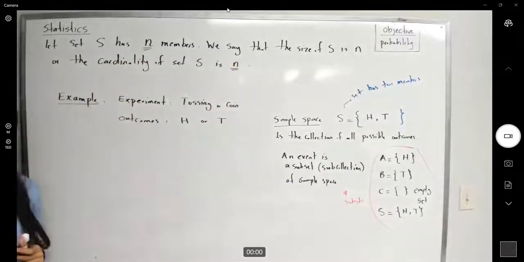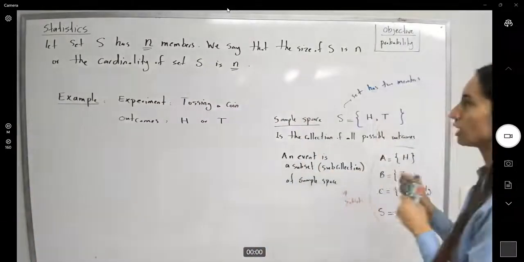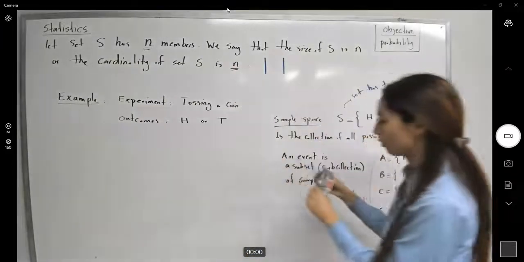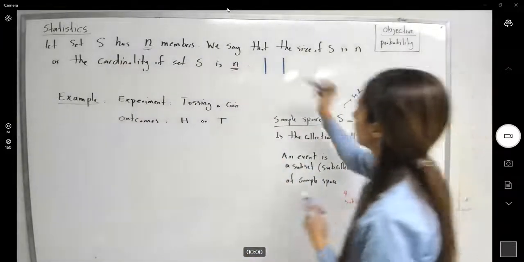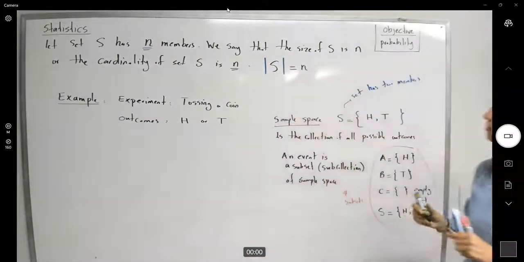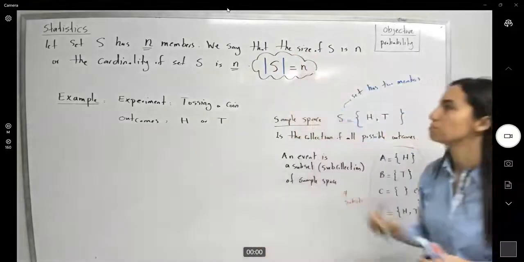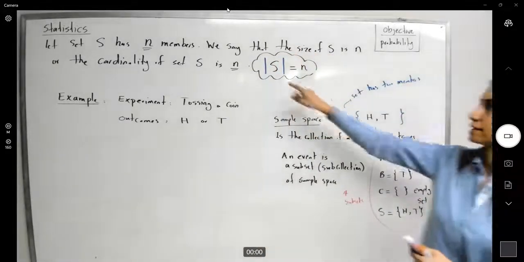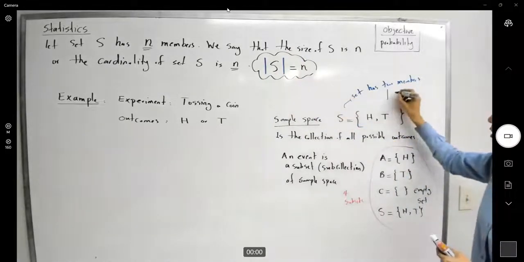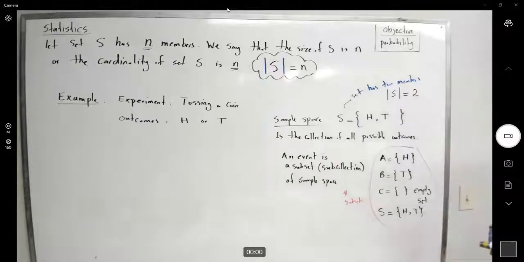In different books, they use different notation. They say that the cardinality or the size of set S is equal to n. This is the notation that they use to show how many members are in set S. So for this set, the cardinality or size of set S is equal to 2.